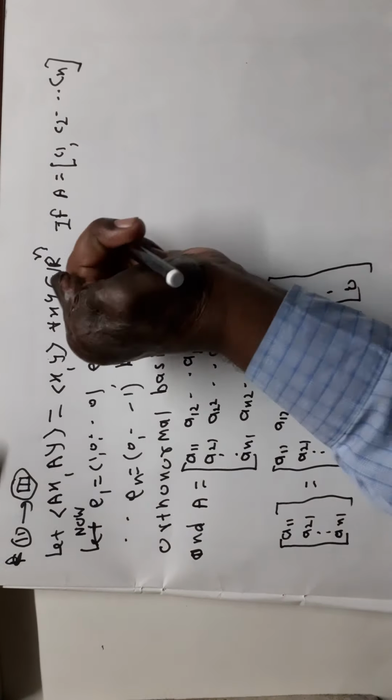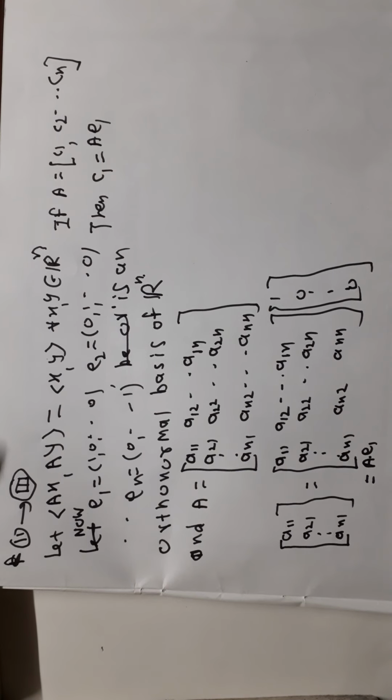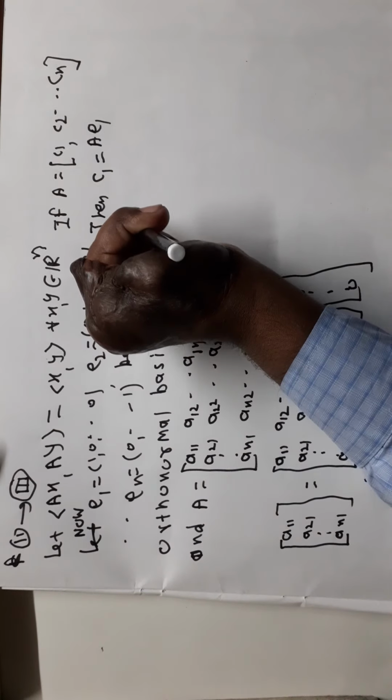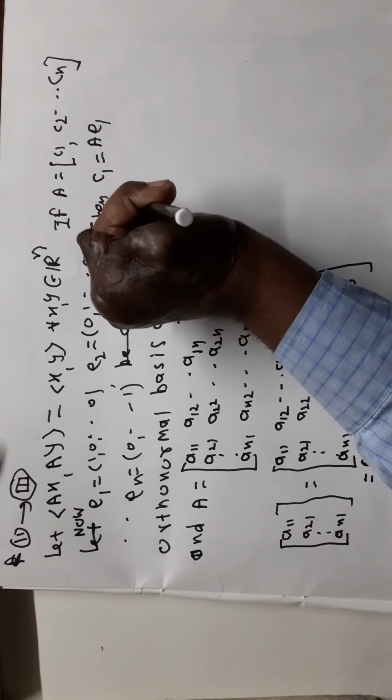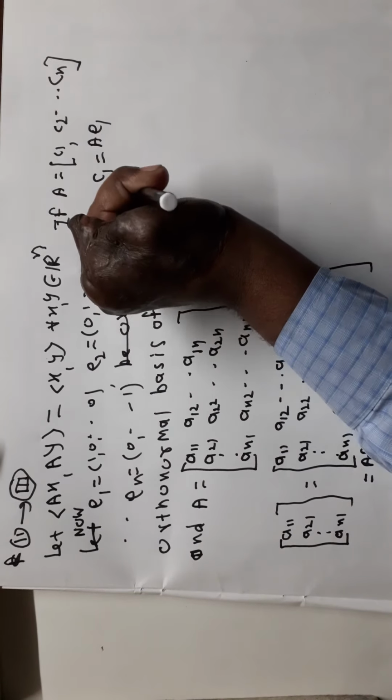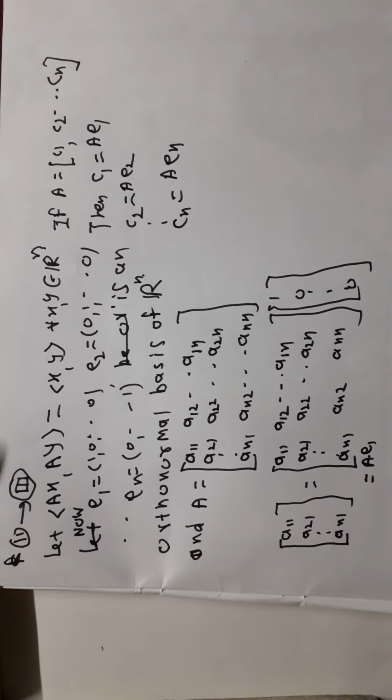Here elements of Rn are supposed to be column matrices of order n by 1. C1 is equal to AE1, C2 is equal to AE2, and Cn is equal to AEn. हे आपण दाखवू शकतो.